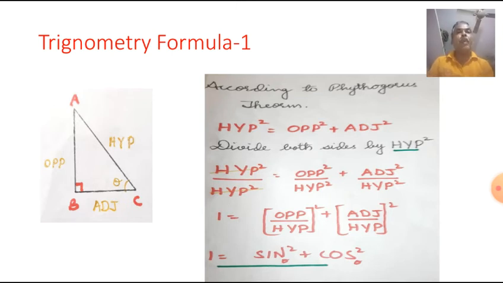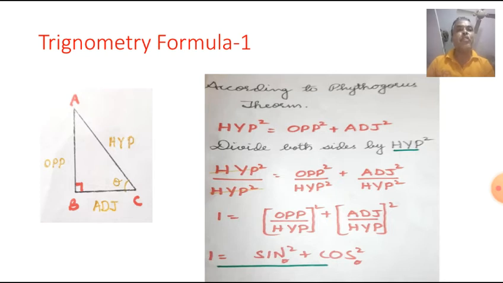Here, if we apply the Pythagoras rule to the right angle triangle, what do we get? What does the Pythagoras theorem say? The Pythagoras theorem says that the square on the hypotenuse side is equal to the sum of the squares on the rest two sides of the right angle triangle.